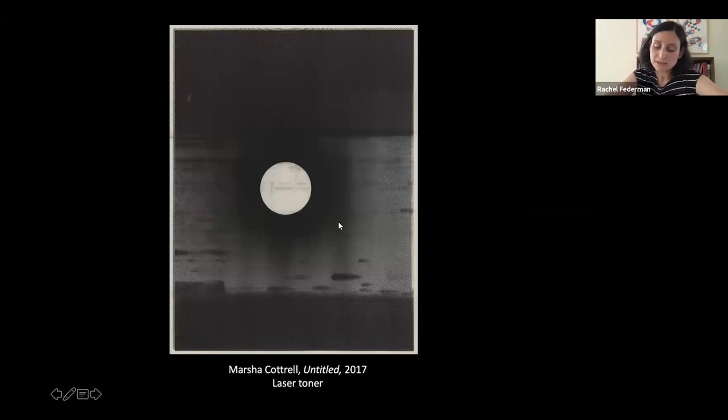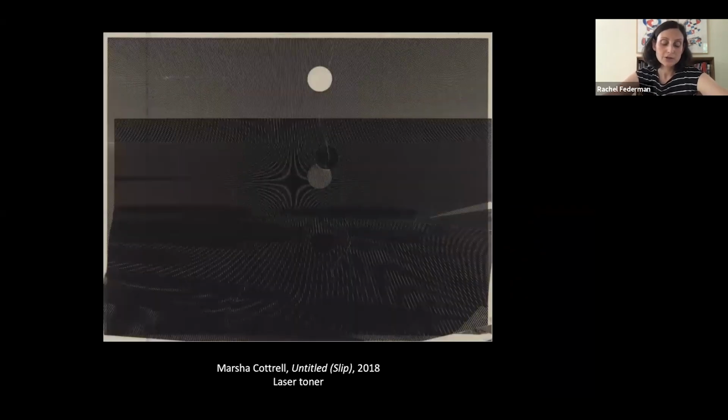The glowing orb in this drawing, which recalls 19th century astronomical drawings or the intense moons of romantic artists like Samuel Palmer or Caspar David Friedrich, can also be seen as a visualization of the beam of light that inscribes the image onto the laser printer's drum. She also flaunts production errors, reminding us that these otherworldly compositions were created on an everyday office printer.